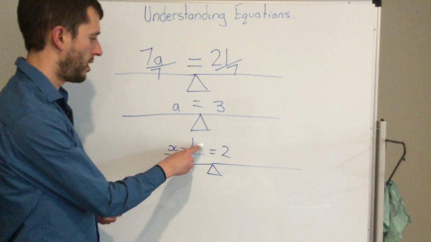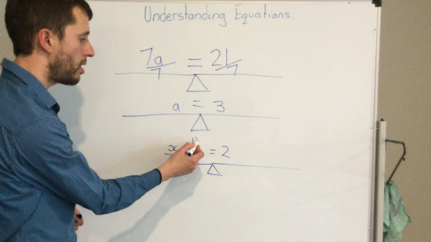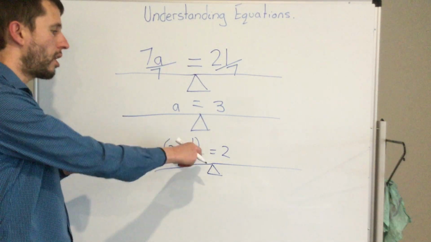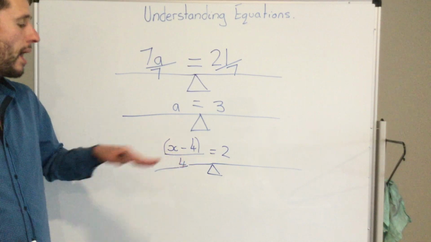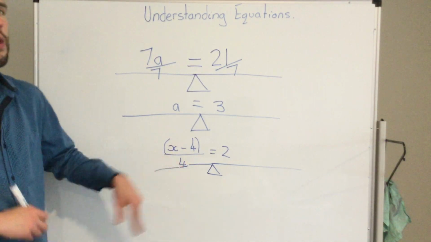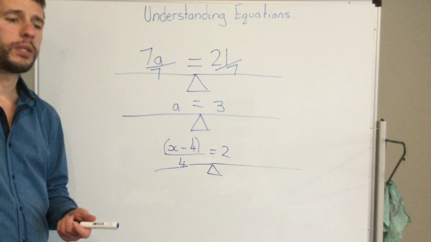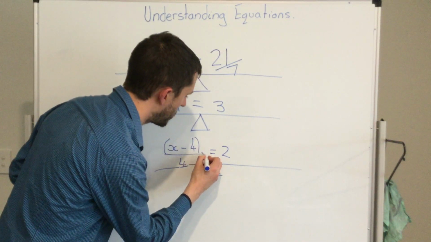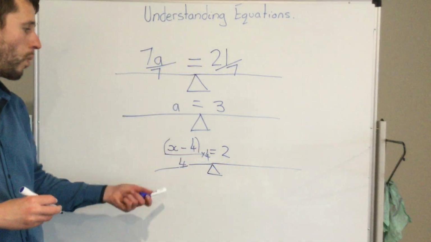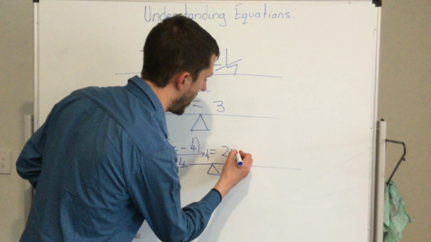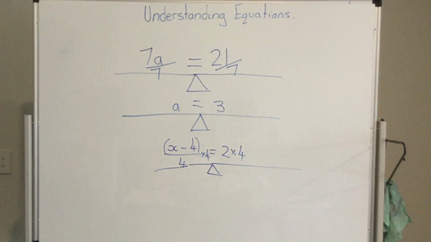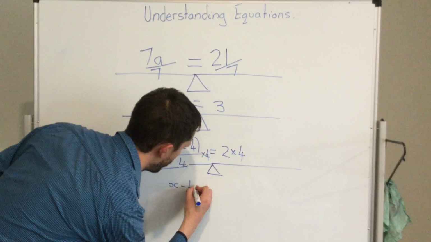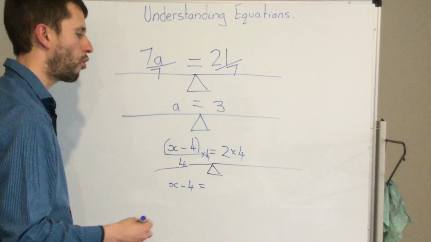So to do that, just remember the whole top would be in a bracket because I'm dividing that whole top value by 4. So I need to get rid of that divide by 4. The opposite of divide by 4 is times by 4. So if I times one side by 4, I must times the other side by 4. And that will give me x take 4 equals 2 times 4 equals 8.